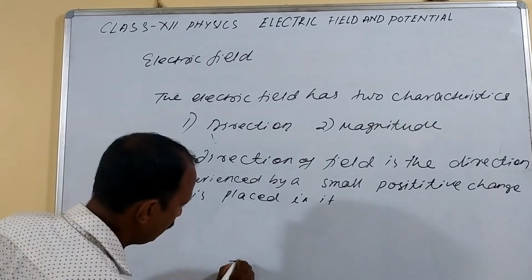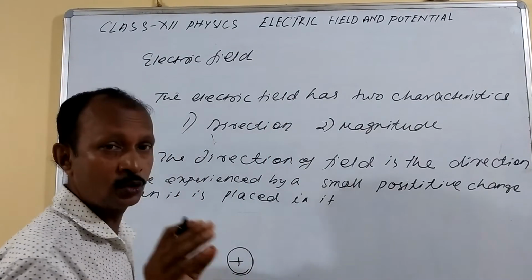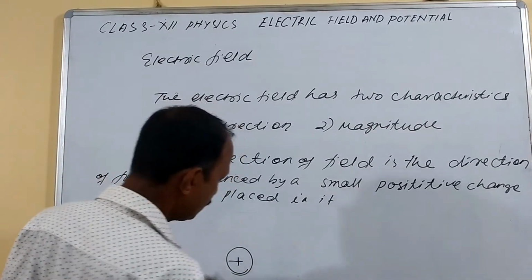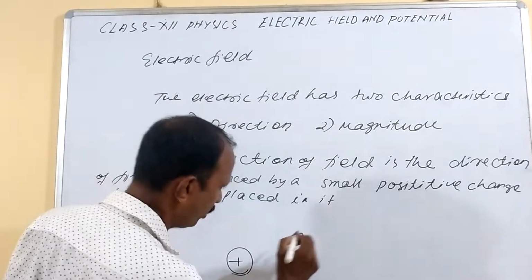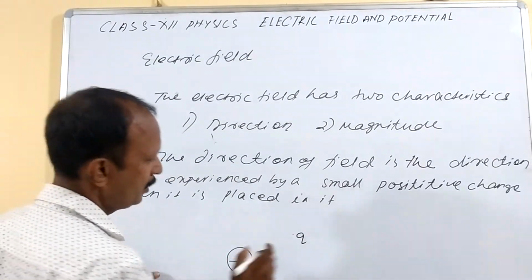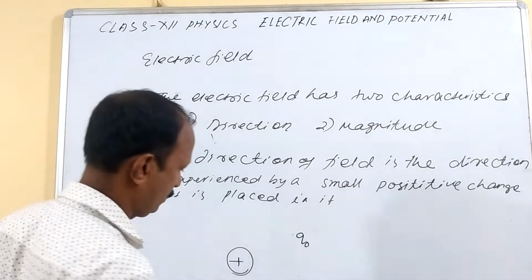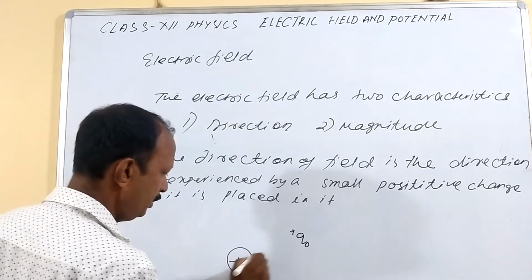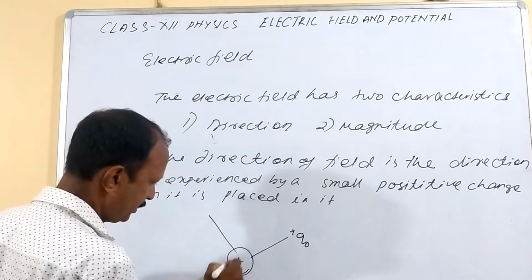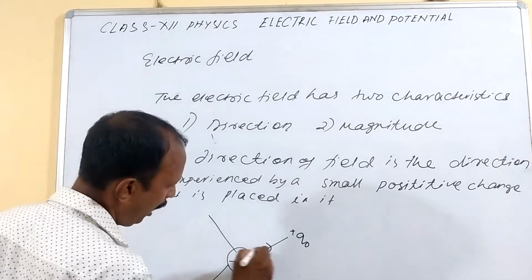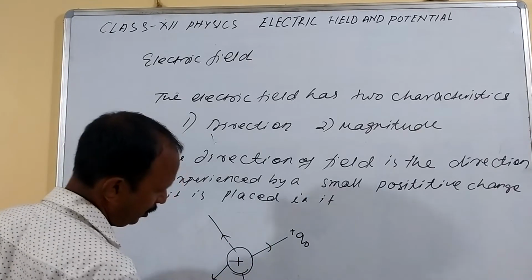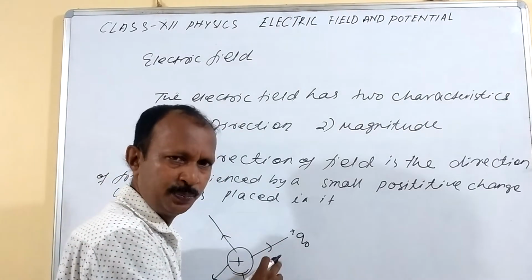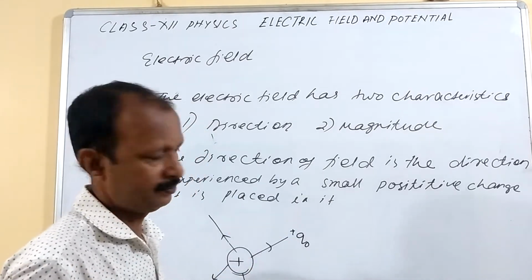Suppose this is the positive charge. This is called the source charge. Now, this is the surrounding. Here a positive charge is placed. This charge we generally call the test charge. This is positive, and this is also positive. So in this case, the direction will be outwards, because this positive charge will experience a repulsive force.